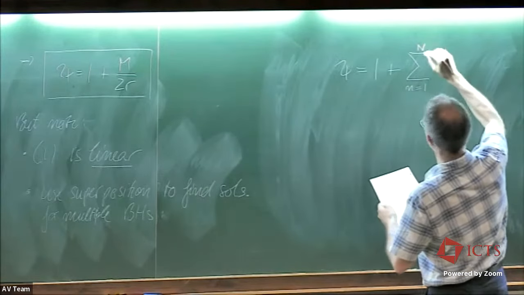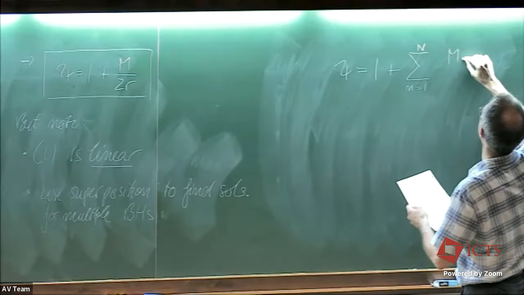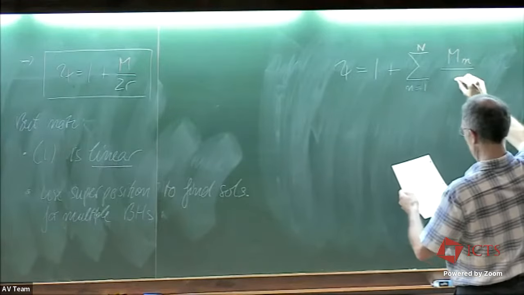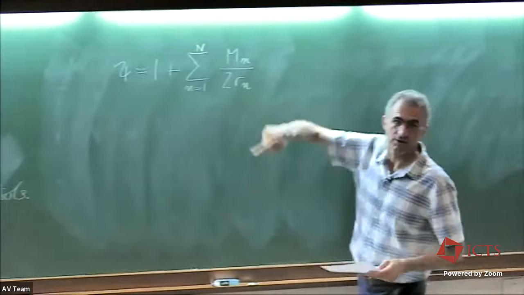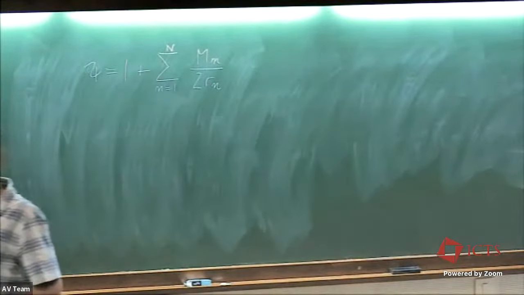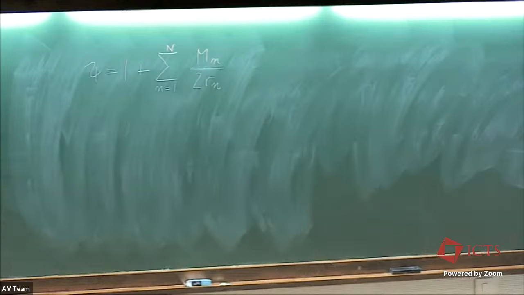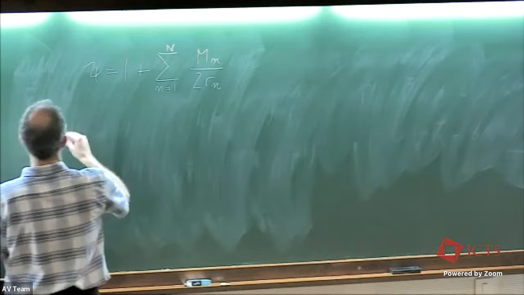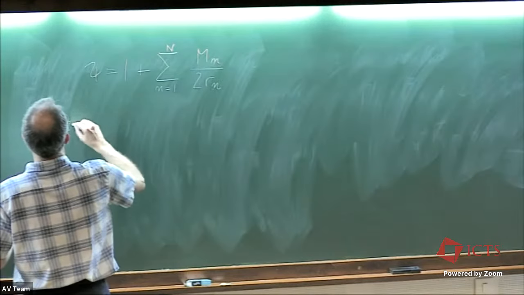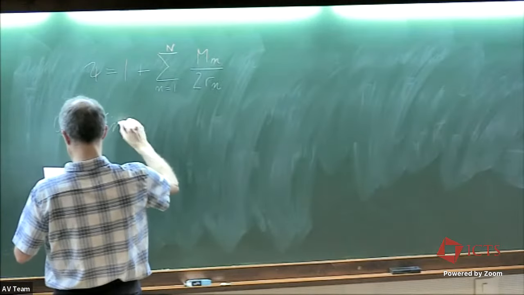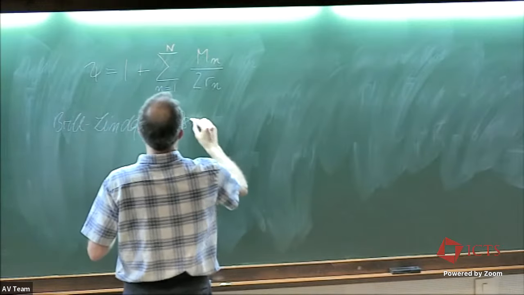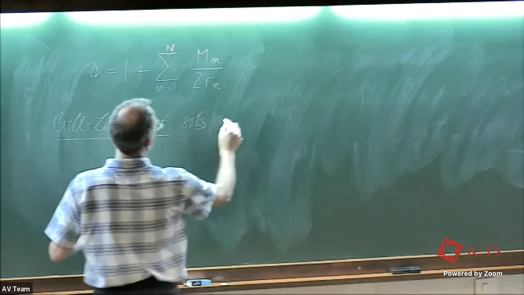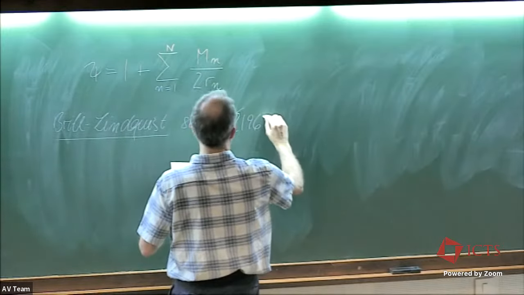Let's say for capital N black holes, we would have M_n divided by 2R_n, where R_n would now measure the coordinate distance from each one of these black holes. Okay? These are the so-called Brill-Lindquist solutions, okay, which go back to 1963.